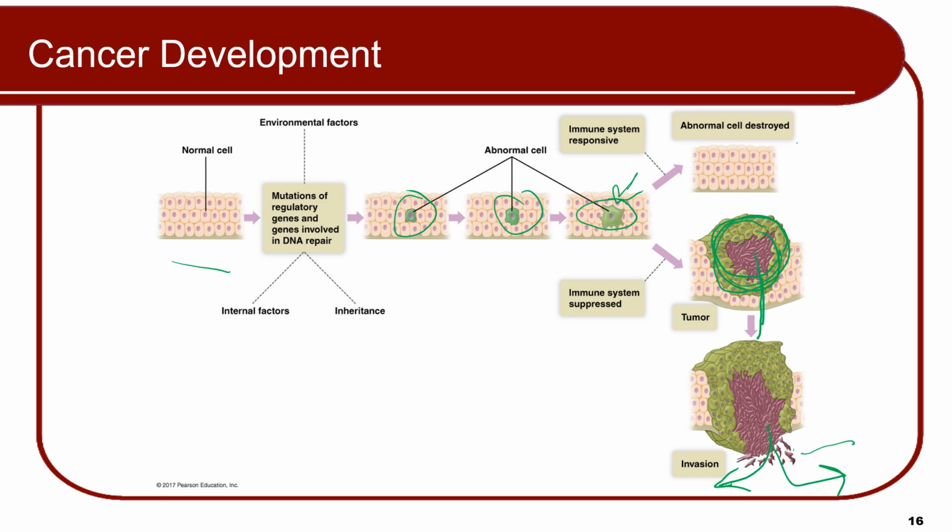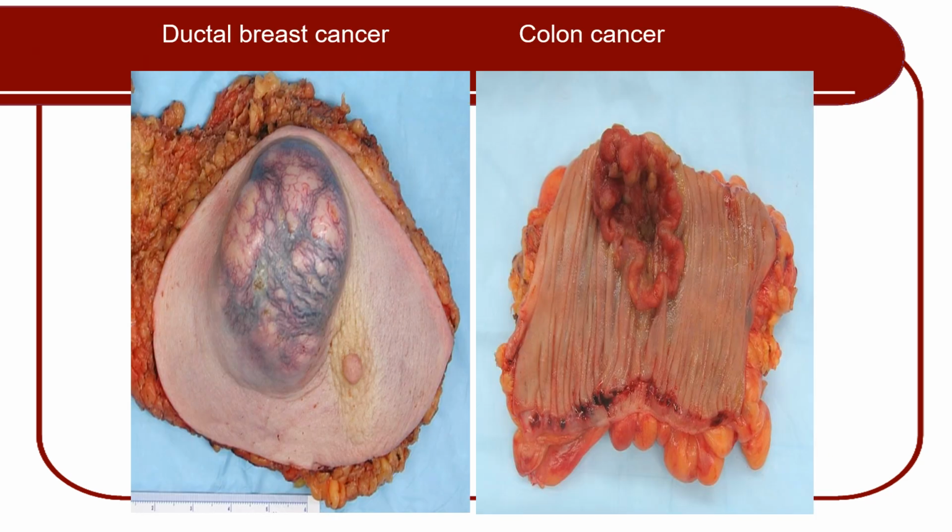So when a cancer spreads, it's because some of these cancer cells from an original tumor were able to get to another part of the body and establish another tumor there. These are just not pleasant pictures of tumors. This is a breast cancer tumor, and this is a colon cancer tumor.